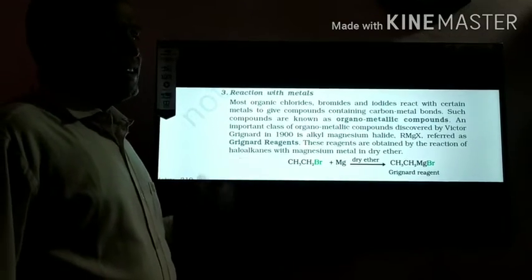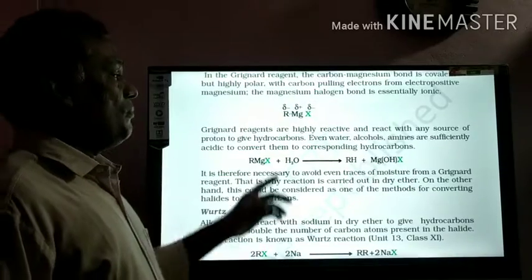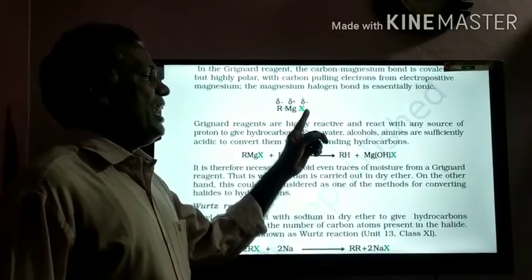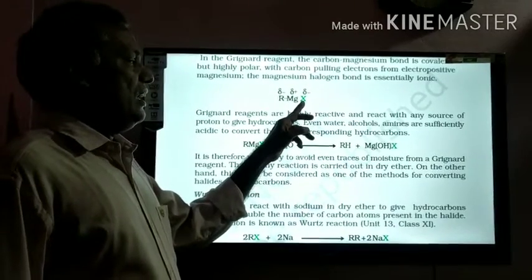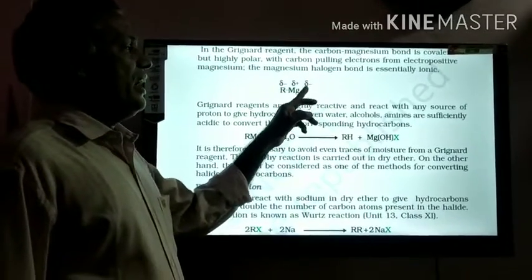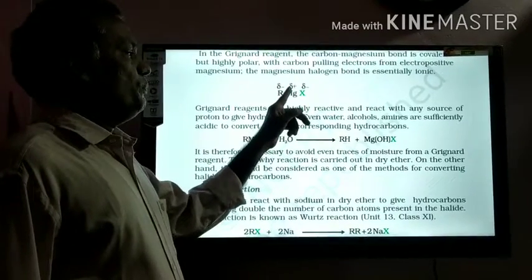Next, let us see some examples. Let us see the bonds in alkyl magnesium halide. Magnesium is positive, as we already know. The alkyl group and the halogen are negative. So it is negative, positive, negative.